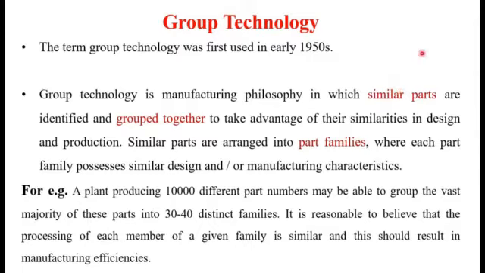The term group technology was first used in the early 1950s. It is a manufacturing philosophy in which similar parts are identified and grouped together to take advantage of their similarities in design and production. The similar parts are grouped into various part families.